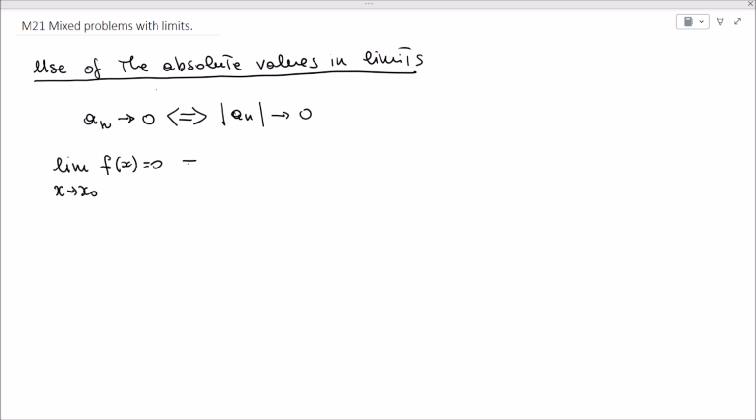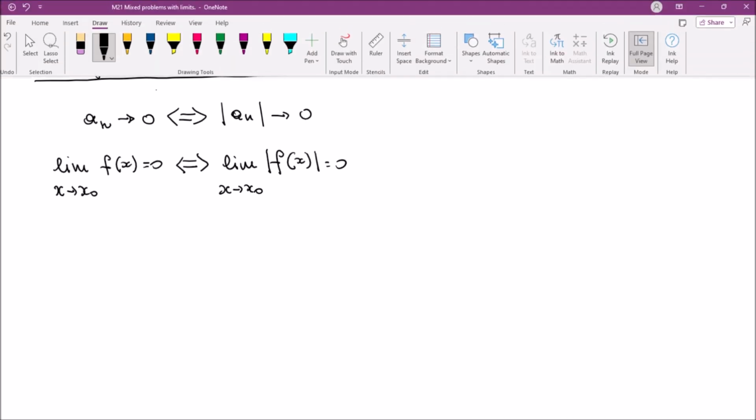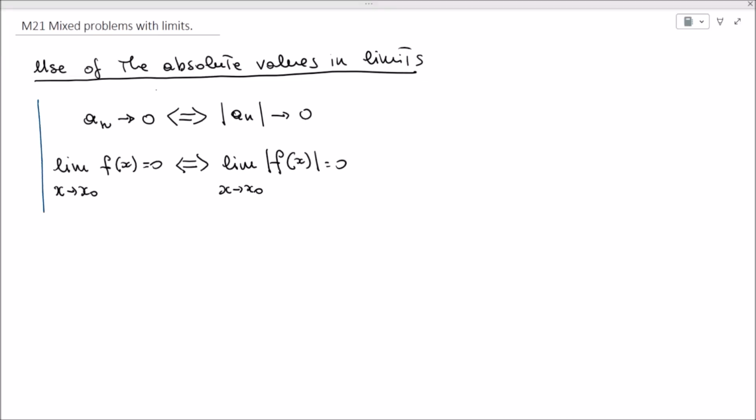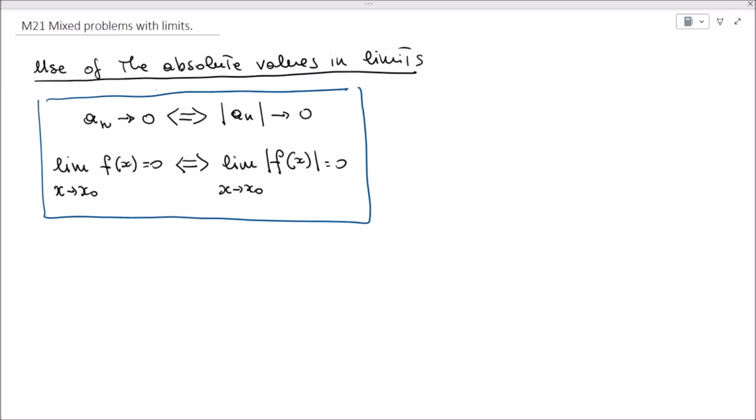Well, this is true if and only if the limit of f of x in absolute value as x goes to x0 is equal to 0. Now, proving this is quite easy, and we'll provide the proof for the sequence because the proof for the function is totally similar to this.